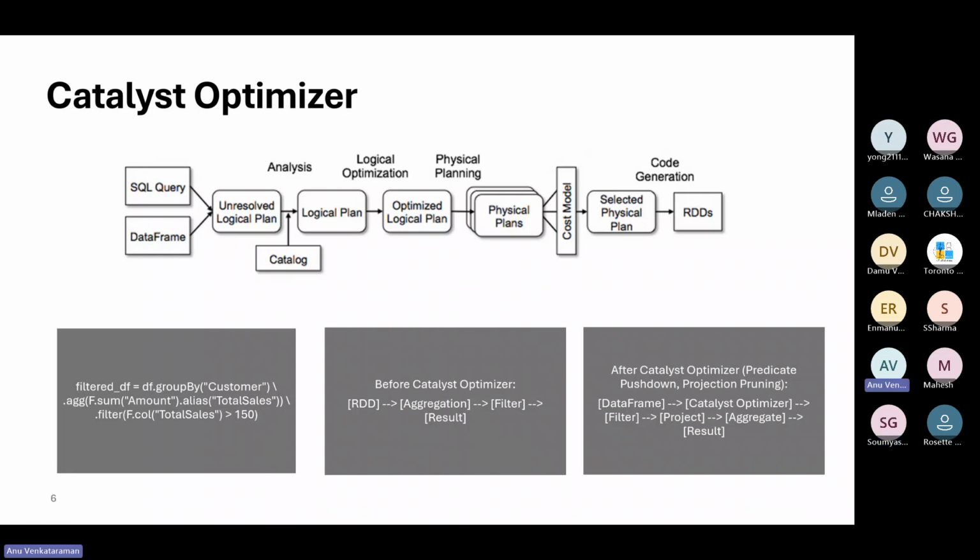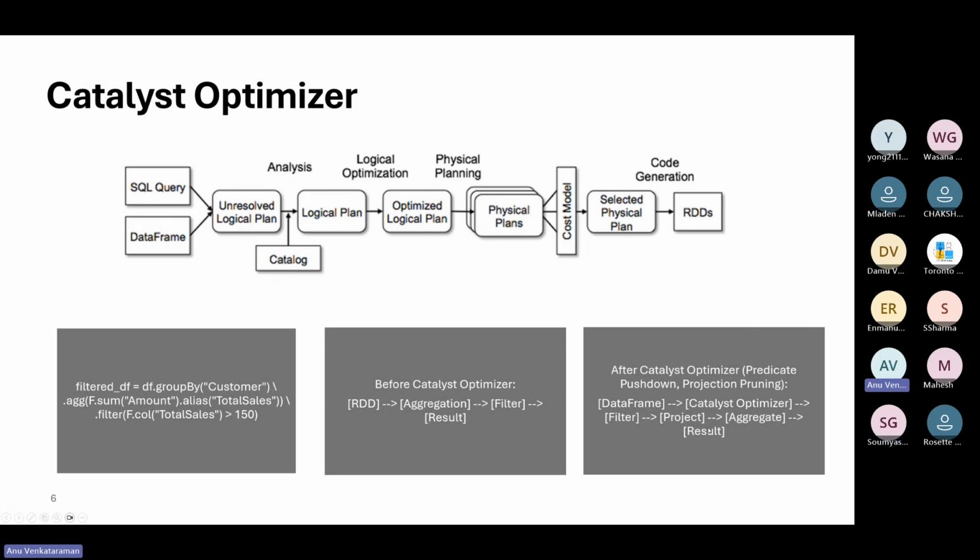The second code that I'm showing is DataFrame code where I'm doing a similar thing. I'm writing a group by customer, then doing some aggregation, and then a filter, sales greater than 150. Before the Catalyst Optimizer, it would do the aggregation first, then the filtering, and then show the result.